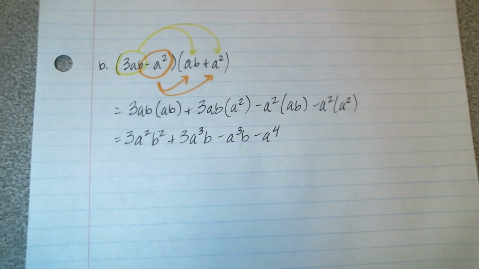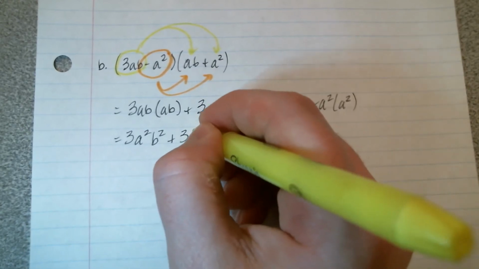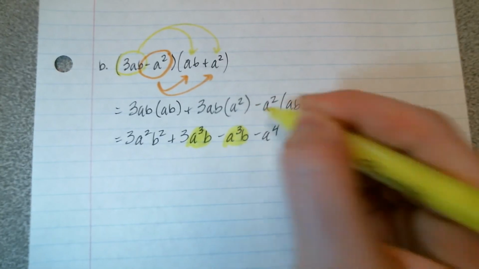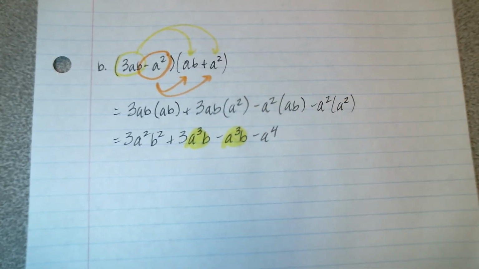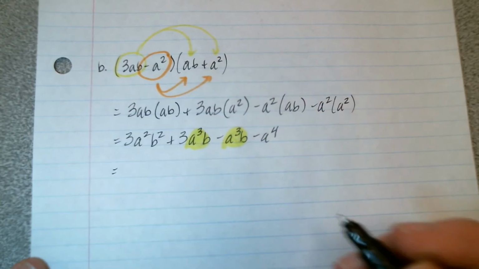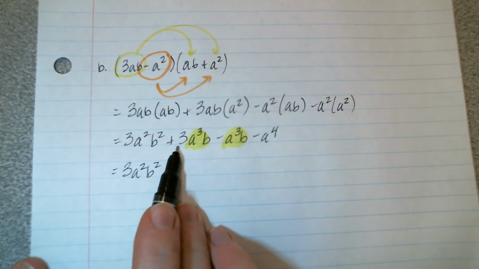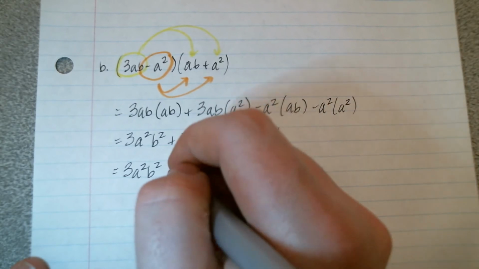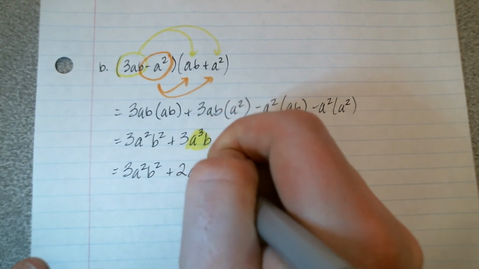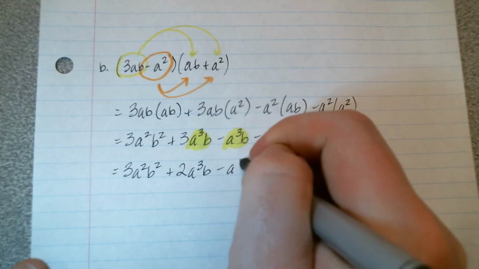Now I need to see if I have any like terms, and it looks like I do. I've got a cubed b and a cubed b, so I need to combine those like terms together. So 3a squared b squared, I've got positive 3 minus 1, so that's 2, a cubed b, minus a to the 4th.